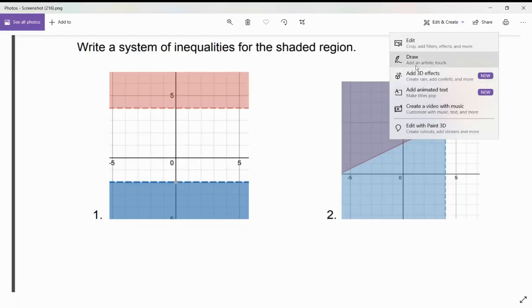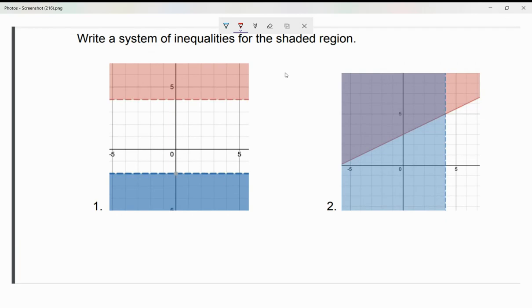Okay, for this one, we have to find the equations, the inequalities for these. This is pretty easy. This is on the y-axis, so y.